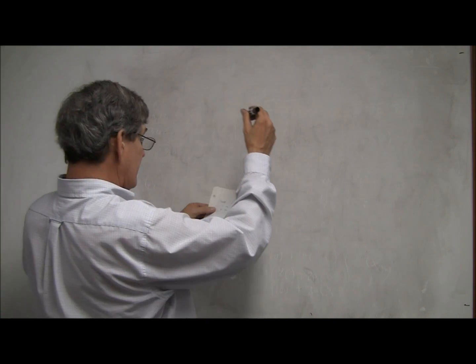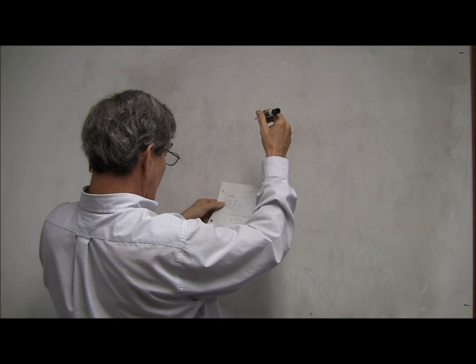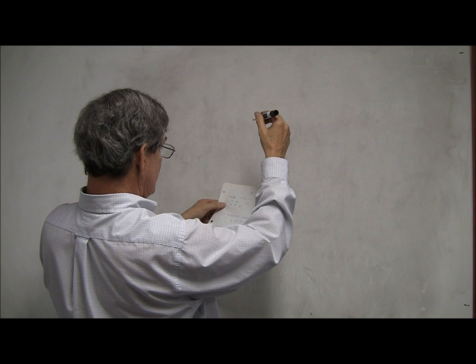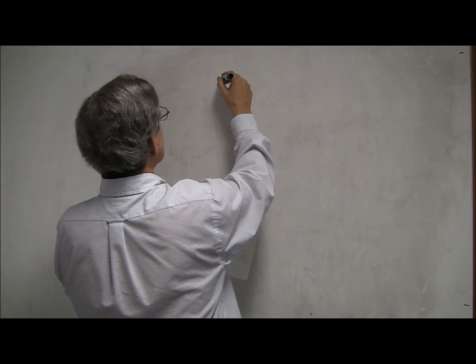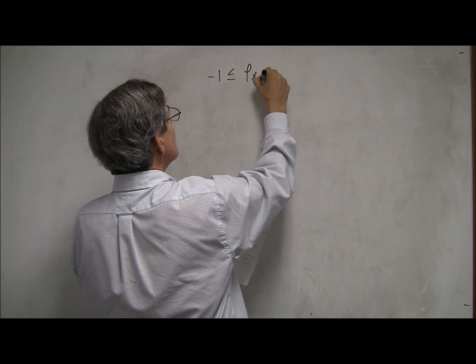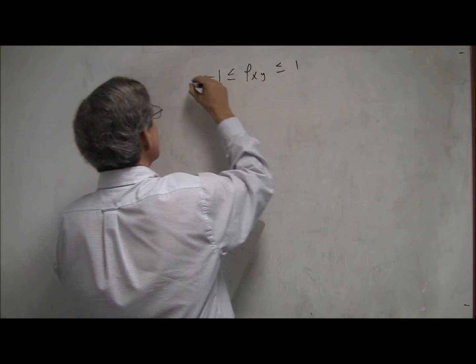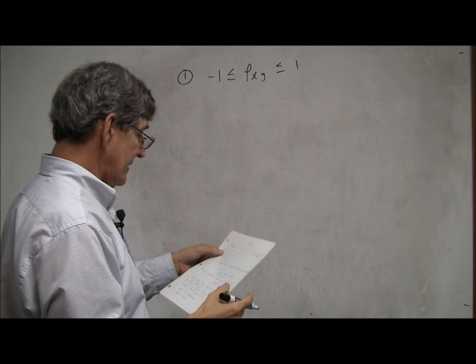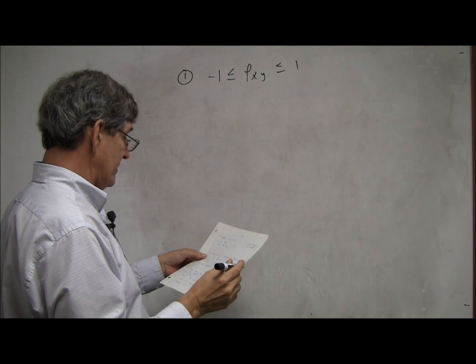So here are some other things that are useful to know about joint distributions. We've already talked about this one. So that's the first property that's useful for joint distributions.